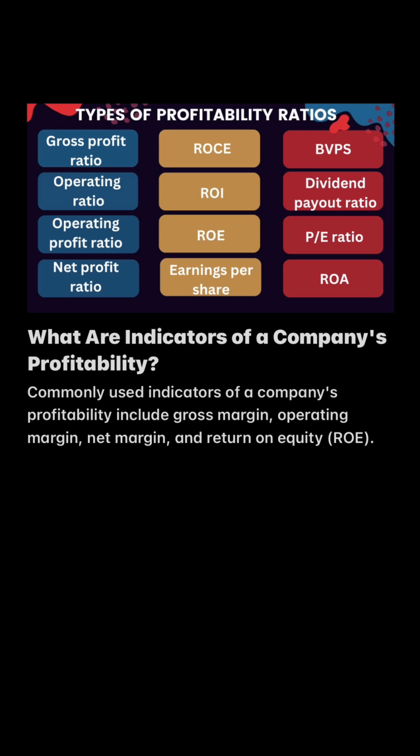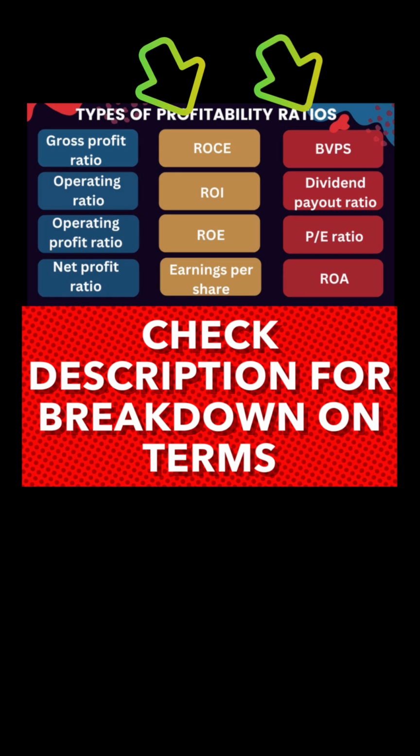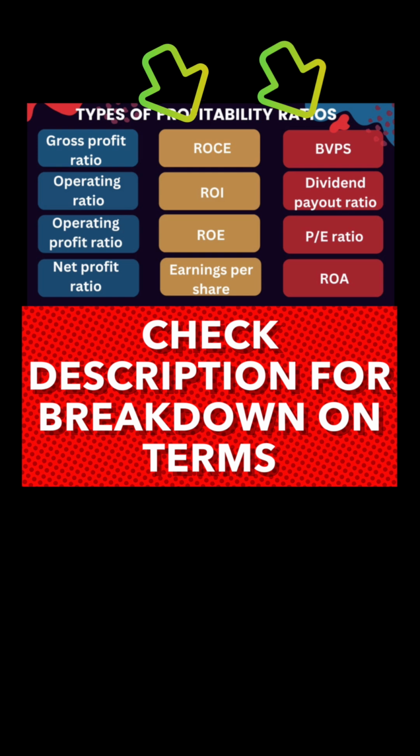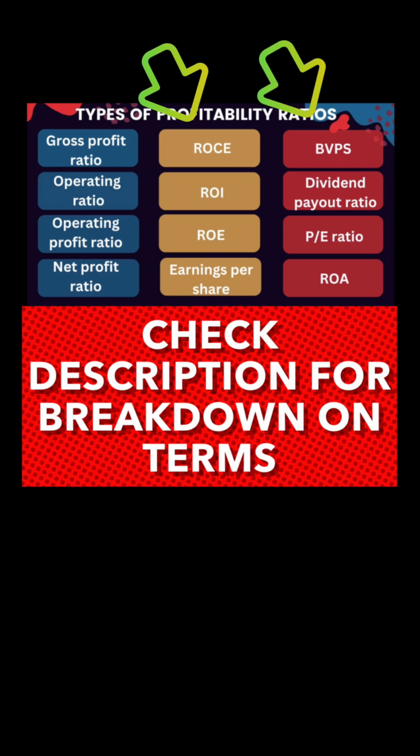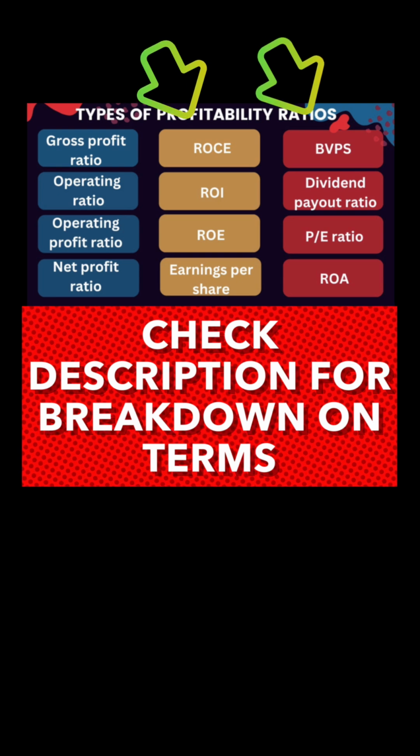And then you have your BVPS, your dividend payout ratio, your PE ratio, and your ROA. Now, I know that those were a lot of acronyms specifically talking about profitability. Please check the description because I've given a link so that you can read more on the breakdown for those particular terms.